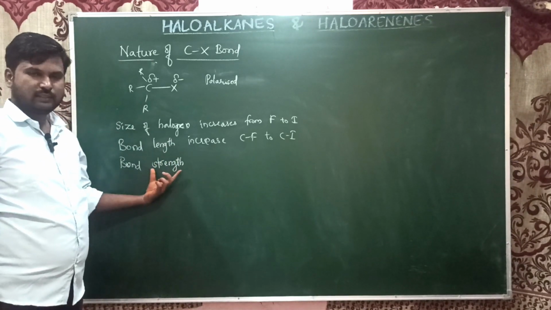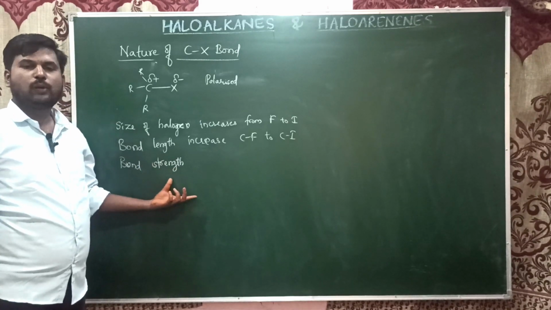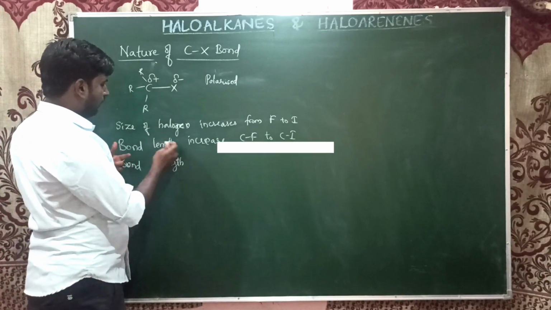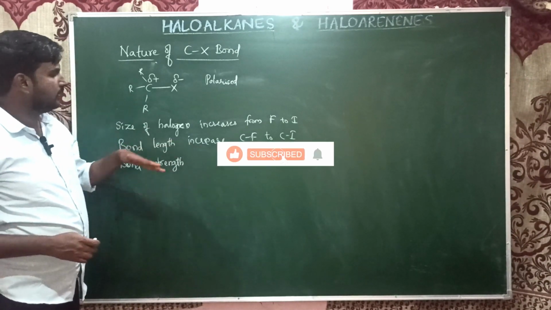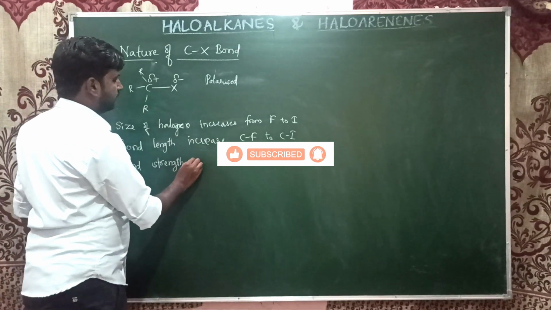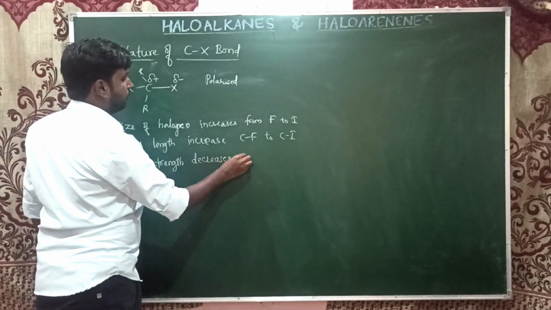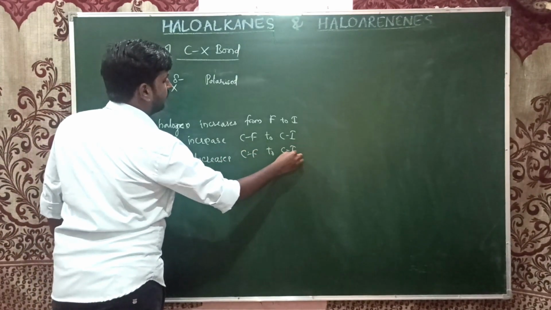Bond strength is nothing but the bond enthalpy. If it has higher bond enthalpy, bond strength is also more. So bond length and bond strength are inversely proportional. As bond length increases, bond strength will decrease from carbon fluoride to carbon iodide.